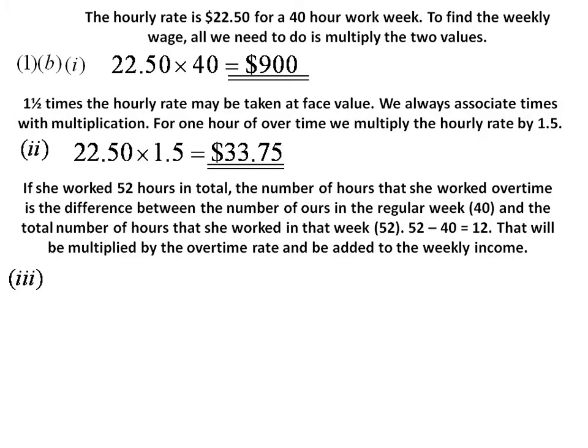Now we need to determine, because we just cannot go straight ahead and do all the calculations together, we have to consider that there's a particular rate, which is a different rate for regular hours as opposed to overtime hours.